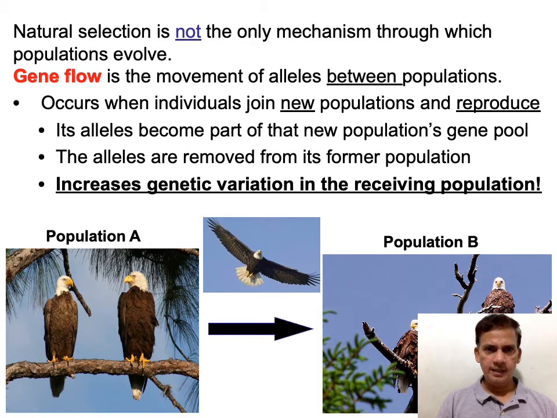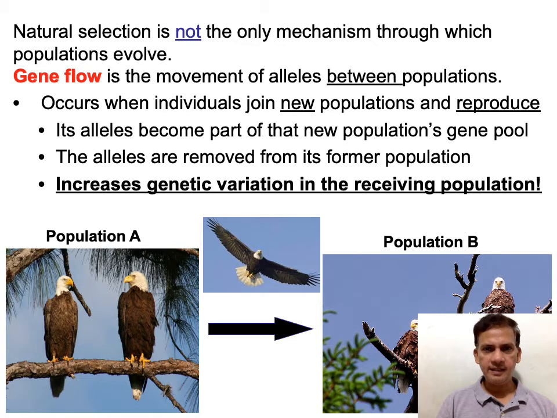The alleles which this individual is carrying from population A mix with the new population's gene pool. So the alleles removed from its former population are added to the new population.